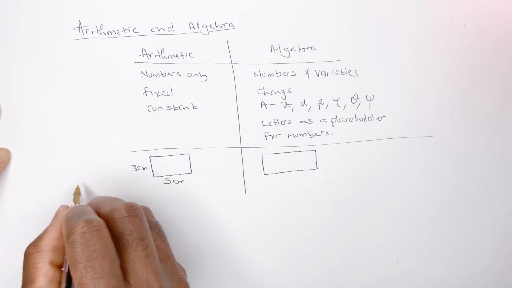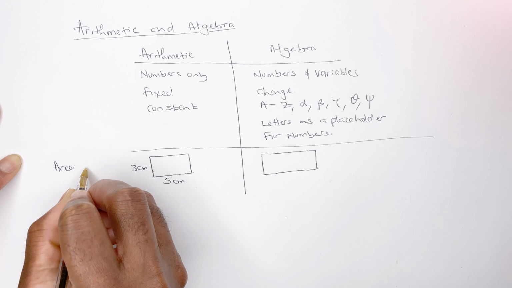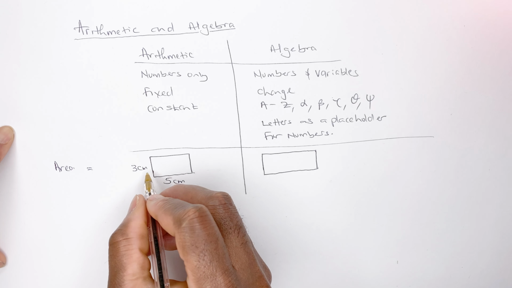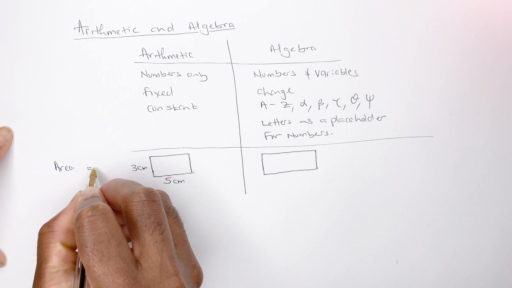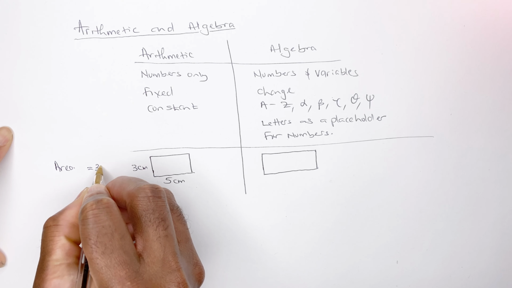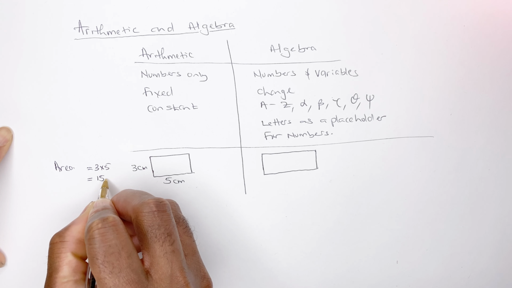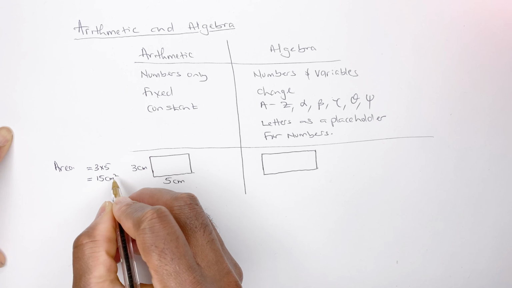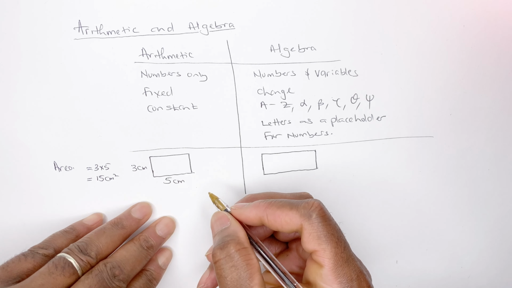So first of all, let's find the area. Because we're just using numbers, we can just say that will be 3 centimeters times 5 centimeters, which is 15 centimeters squared. Because centimeters times centimeters is centimeters squared.